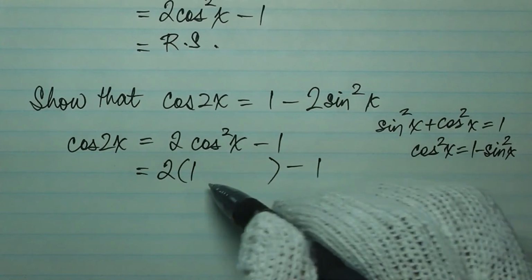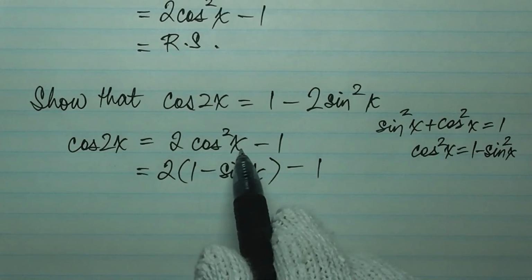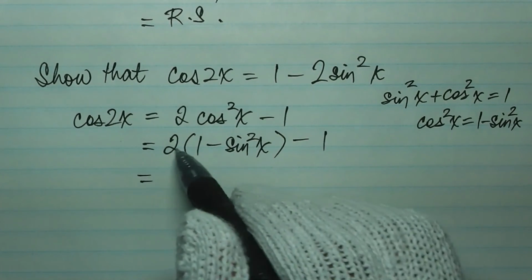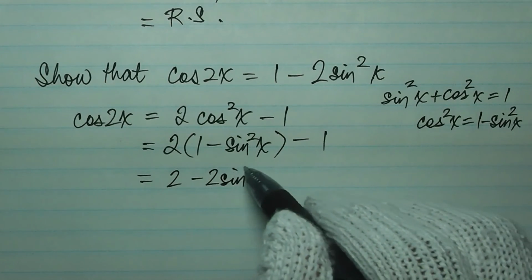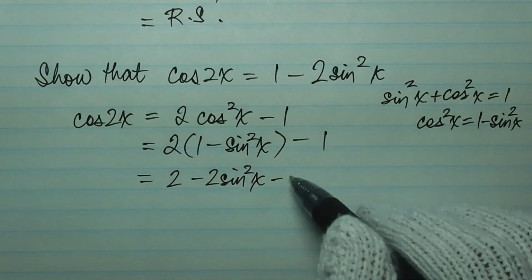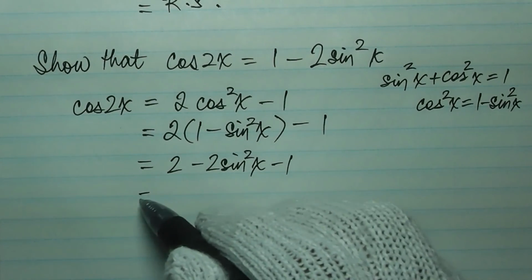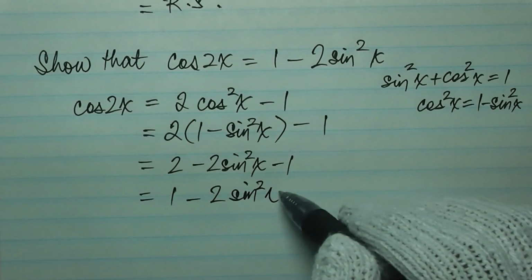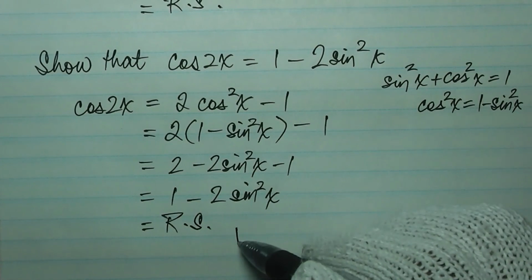So I'm going to put that into here. So I replace cos squared x with 1 minus sine squared x. This is going to give me 2 minus 2 sine squared x minus 1. 2 minus 1 is 1 minus 2 sine squared x, which predictably is the right side.